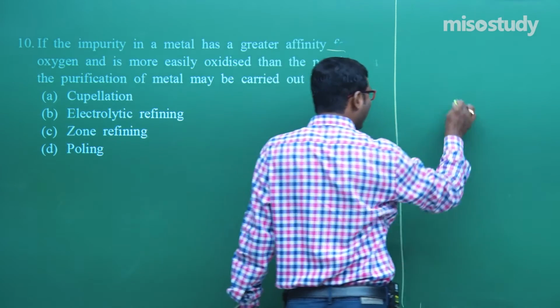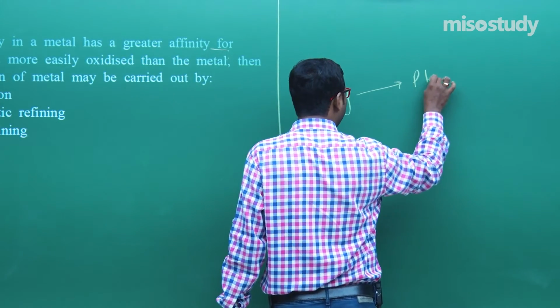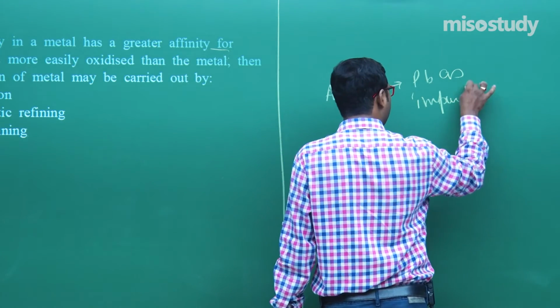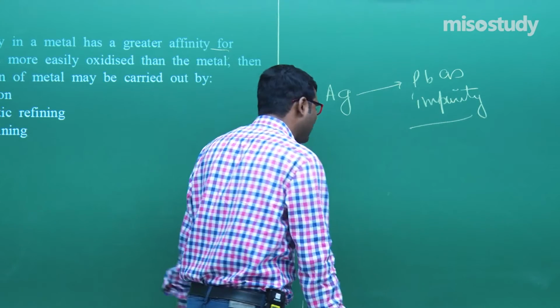Do you remember the example? If Ag contains Pb as impurity, then what will happen?